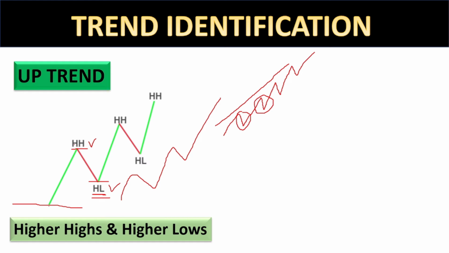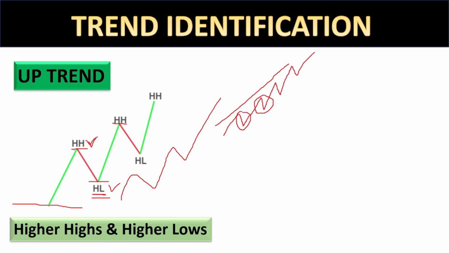When the market is in uptrend, the point at which it makes a new high is considered a higher high, and during the uptrend, if it makes any low, that is called a higher low. From this point it bounced back, and again we see a new high which is above the previous higher high.